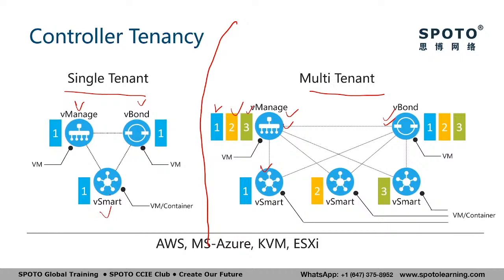So each tenant needs to have at least one vSmart. This is the vSmart for tenant 1, this vSmart for tenant 2, and this vSmart for tenant 3. Once again, vManage and vBond can be shared by multiple tenants, but vSmart cannot. At least one vSmart per tenant.